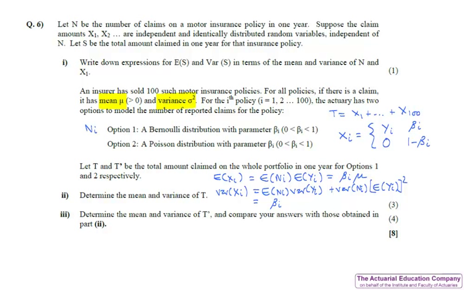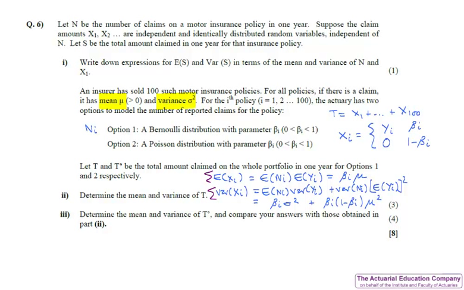Variance of Yi is the variance of a claim, which we were told was sigma squared. Variance of Ni is the variance of a Bernoulli, which is beta i times 1 minus beta i. And then we need to multiply by the mean amount of a claim, which is mu, and square it. Now we have the mean and variance of Xi. The mean and variance of T will just be the sum of each of these results.